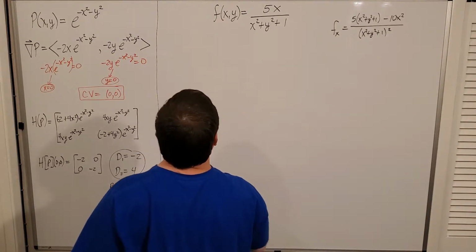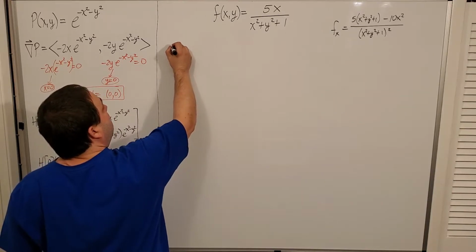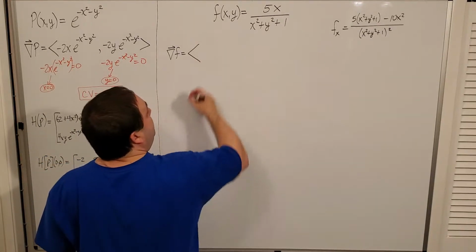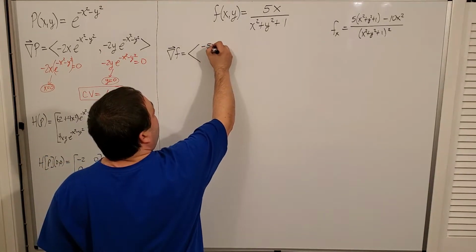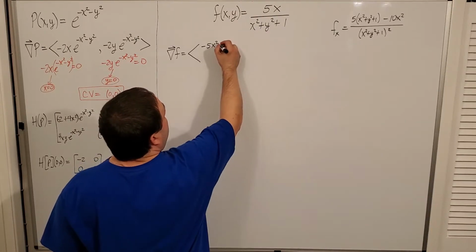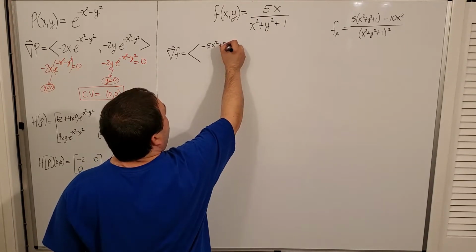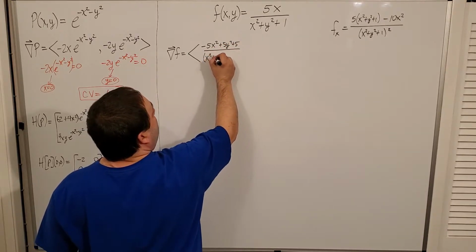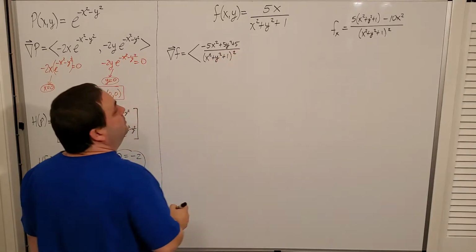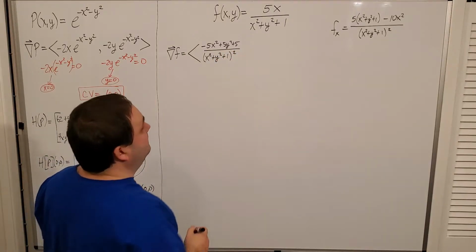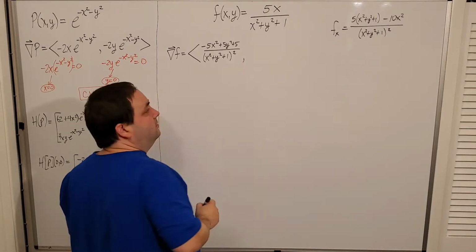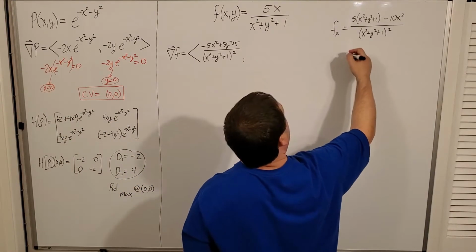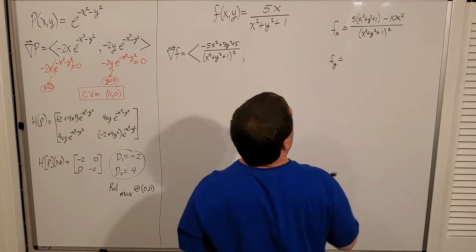Okay. So my gradient of f, first component, is going to be negative 5x squared plus 5y squared plus 5 over x squared plus y squared plus 1, squared. Right? All right. Now the fy partial is a little bit cleaner.